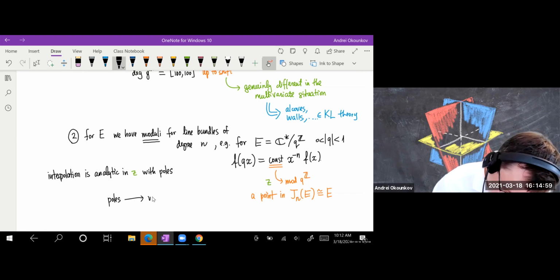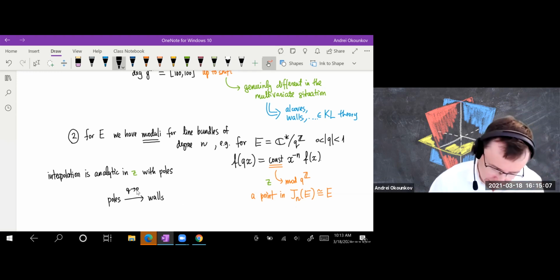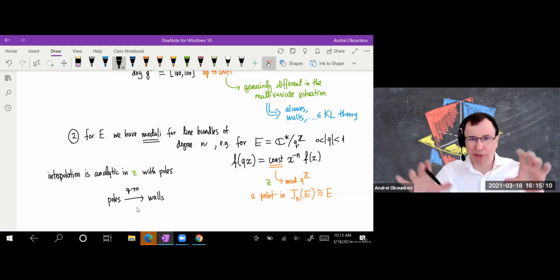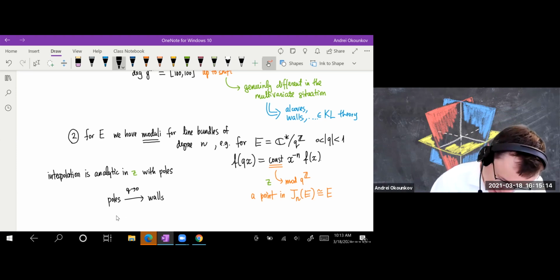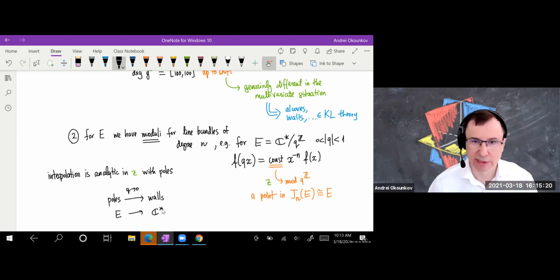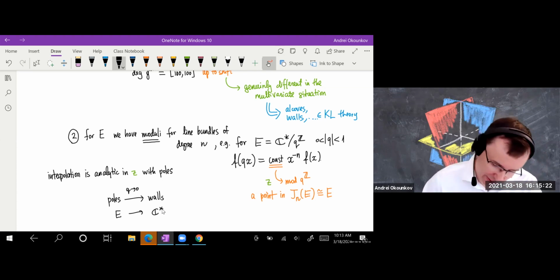they become the walls as my elliptic curve degenerates. If I send q to 0, or q to 1, I mean degenerate my elliptic curve. So poles, then my elliptic curve degenerates to, well, let's say C star in this case. Or you can say a smooth elliptic curve.